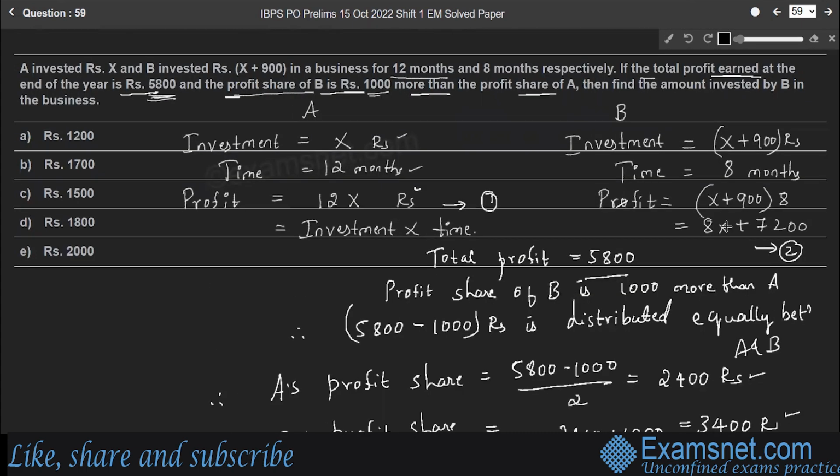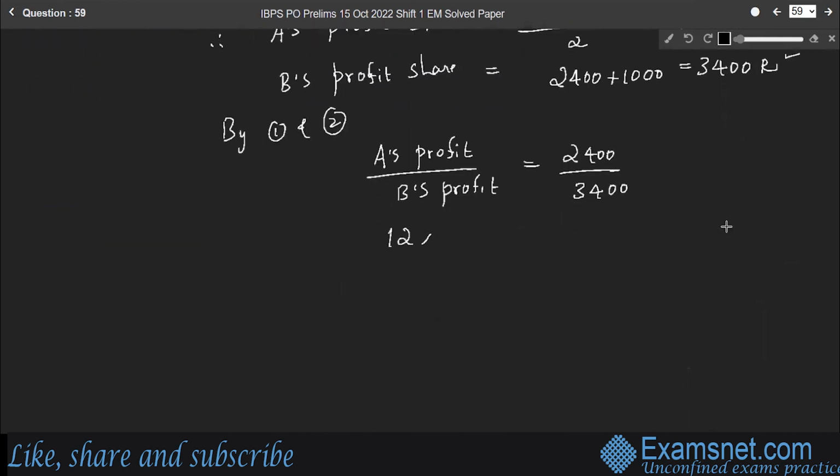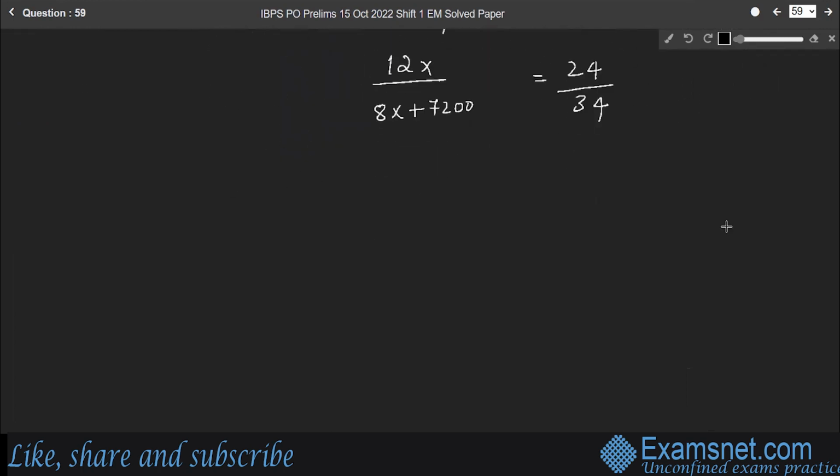By 1 and 2, A's profit is 12x, B's profit is 8x plus 7,200. So 12x by 8x plus 7,200 is equal to 2,400 by 3,400, which can be written as 24 by 34, right? Now simplify it. So 12x into 34 is equal to 24 into 8x plus 7,200.